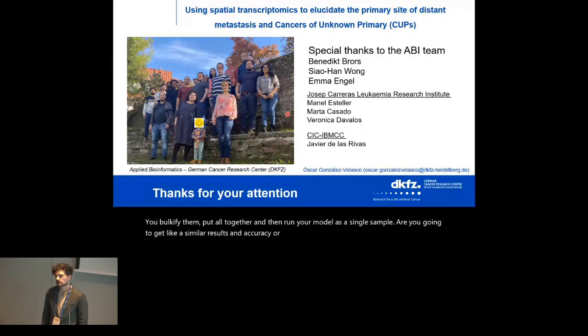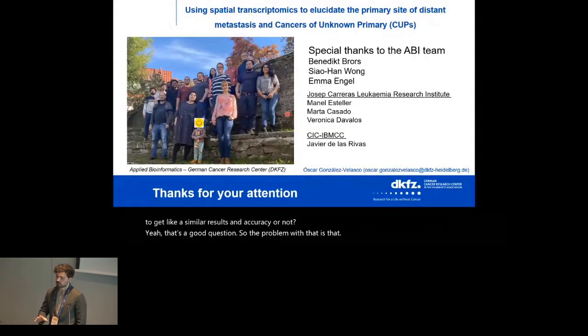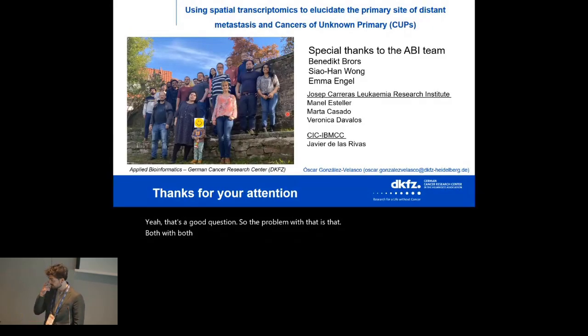Yeah, that's a good question. So the problem with that is that with bulk data, we have in general a lot of samples available with all the primary sites. With the spatial data, getting a collection with the same sample size would be quite difficult.